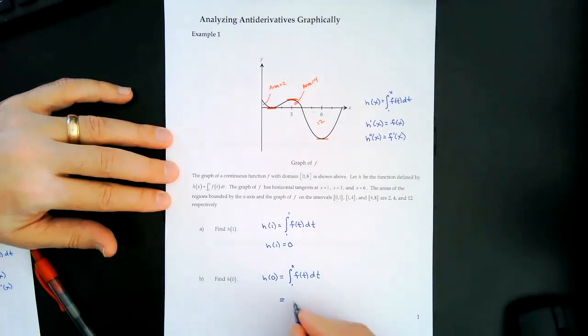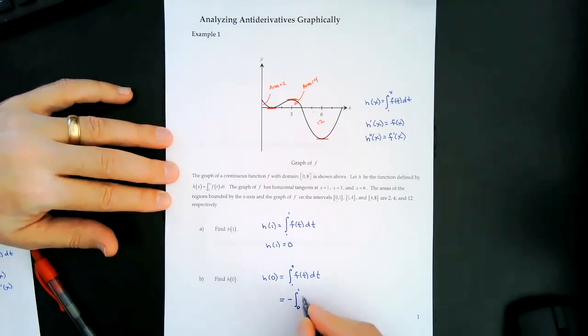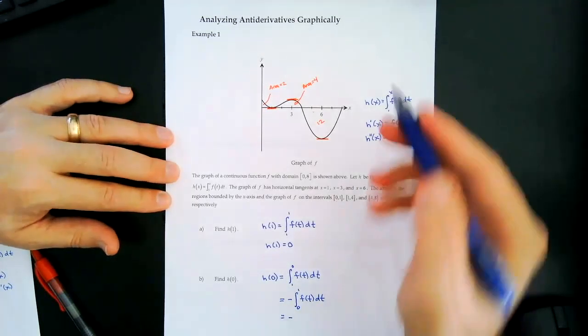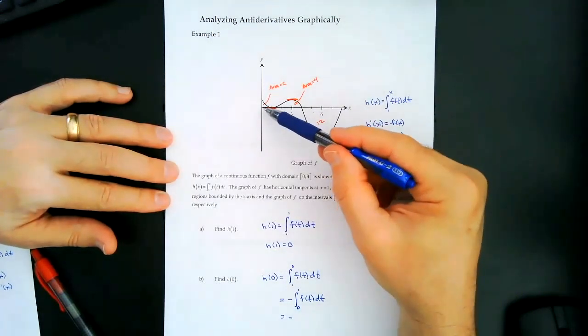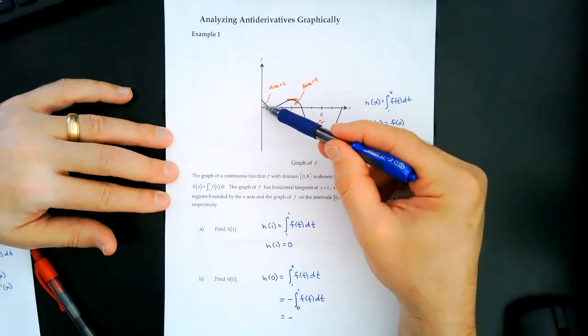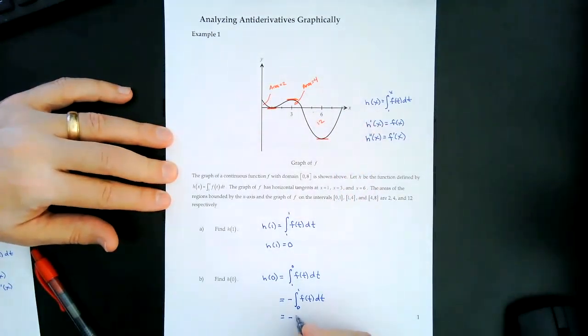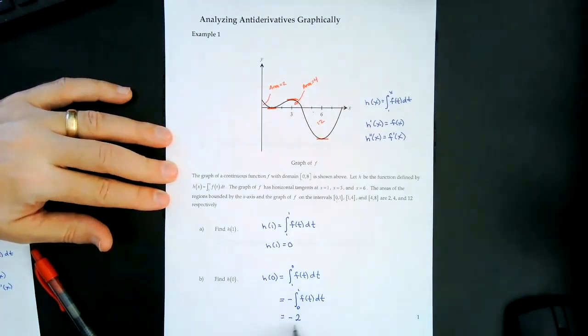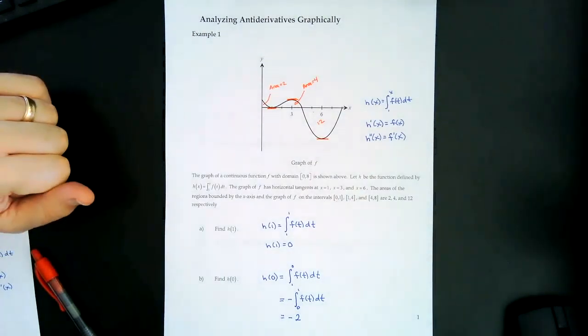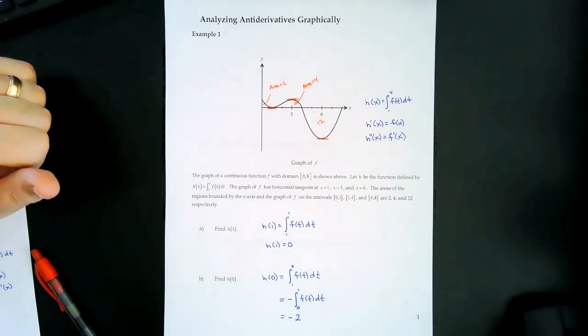So this is equal to negative the integral from 0 to 1 of f of t dt. Well, we know this is above the x-axis, right? So the area and the integral are the same. And since the area is 2, the integral is 2. So that means h of 0 is negative 2. All right, and that's kind of how you do these problems.